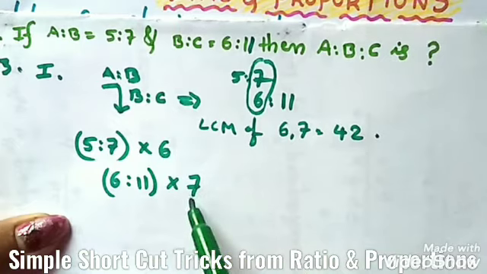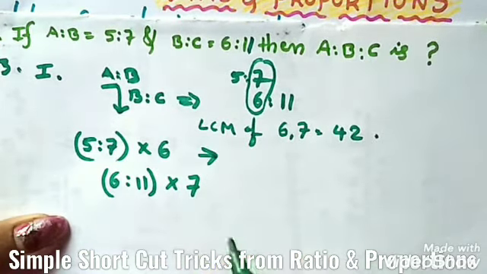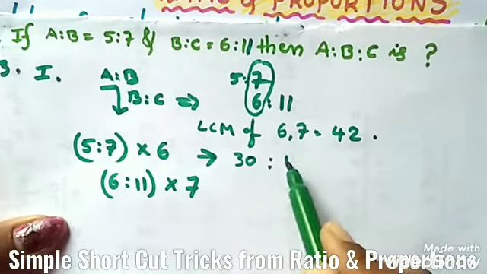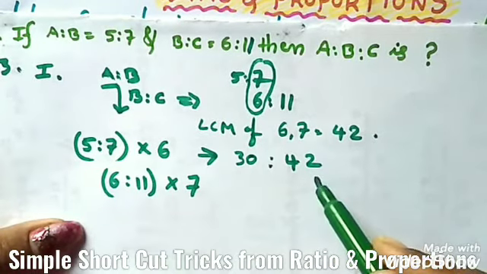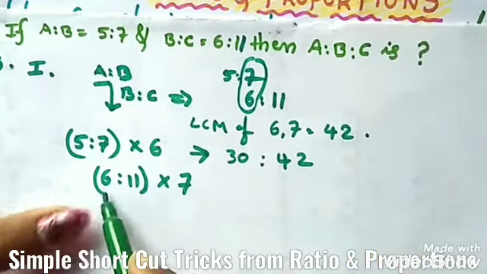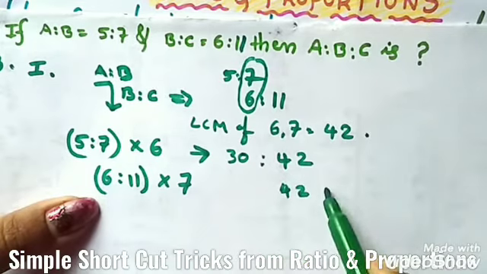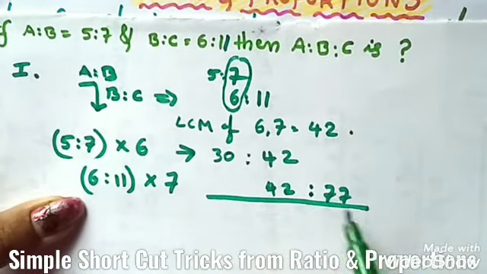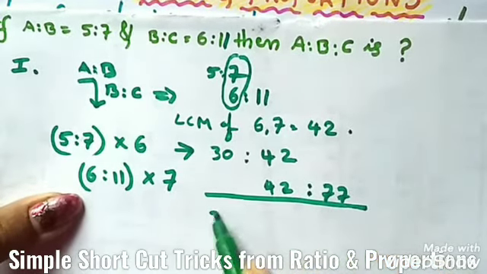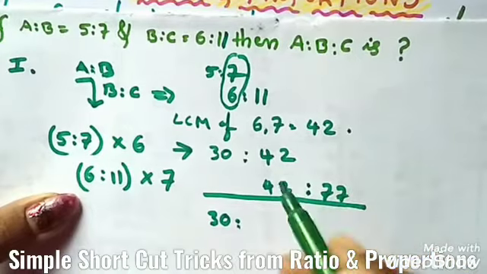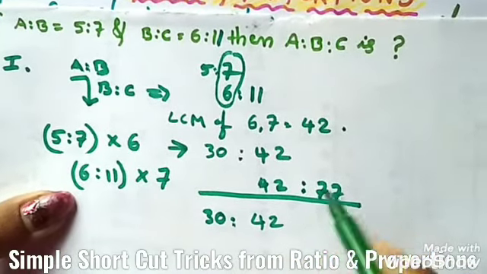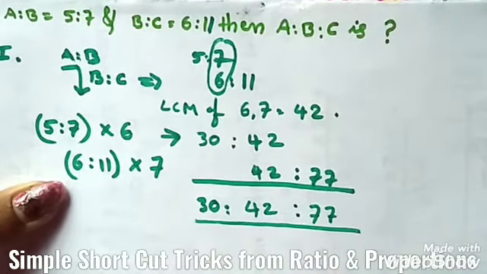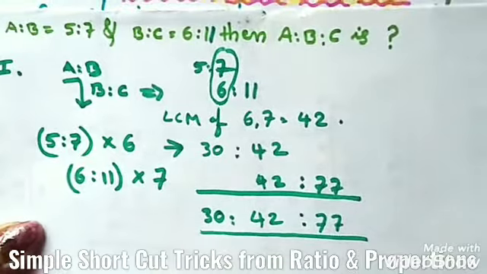So into 6, into 7. Now here 5 into 6, 30, 7 into 6, 42. And below this 42 you have to write the number again, 6 into 7, 42, 11 into 7, 77. So you have to consider these numbers. Here 30, here 42 twice is there, then you have to consider only once, is to 77. This is the answer. This is shortcut trick number 1.